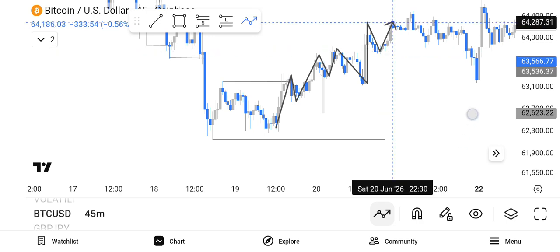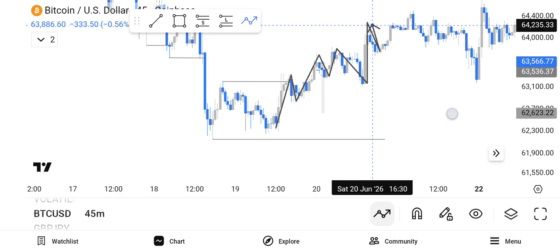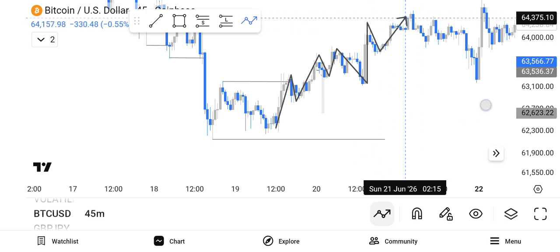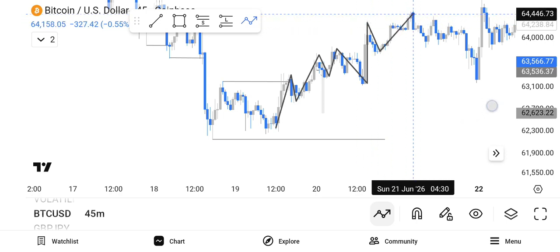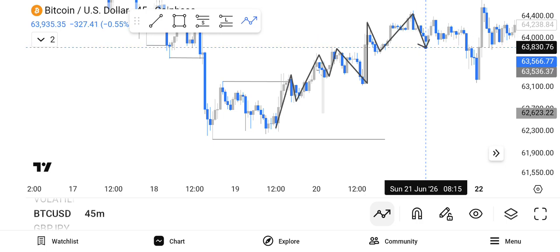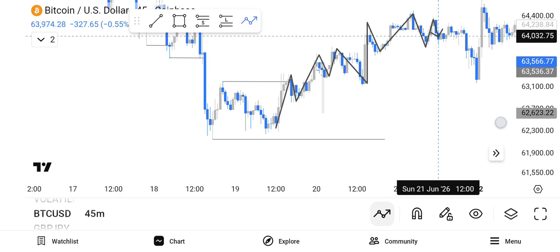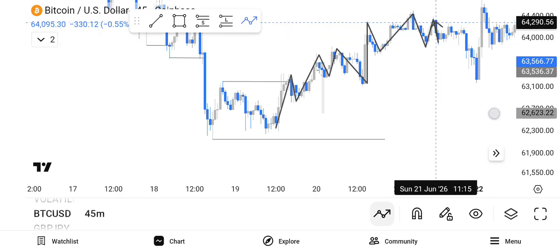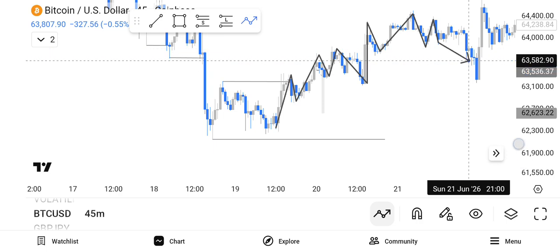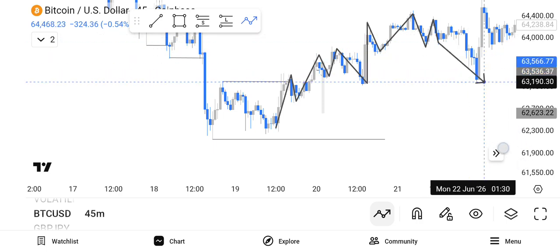Now this is not a higher high because it did not take out the recent high. This is a new higher high. The market punched down again: higher low, higher high, higher low. It failed to take out this high. You can see the next move the market makes is here.